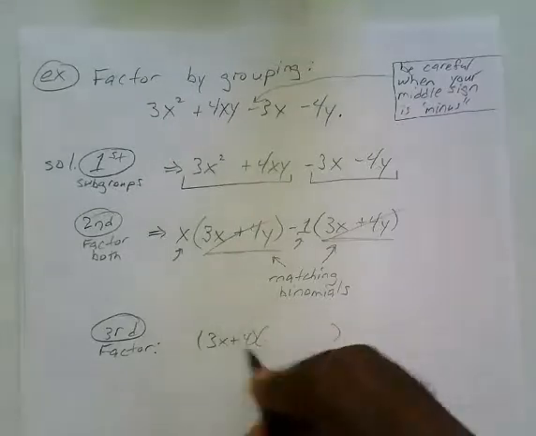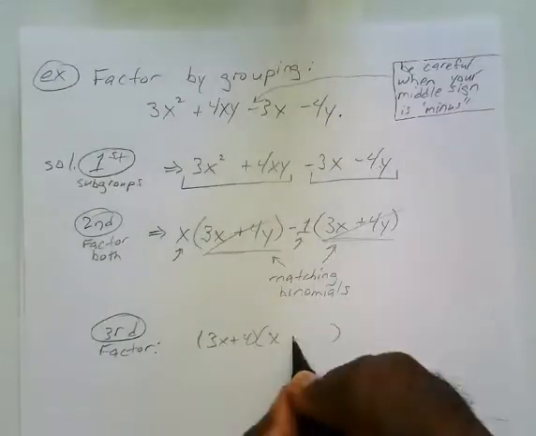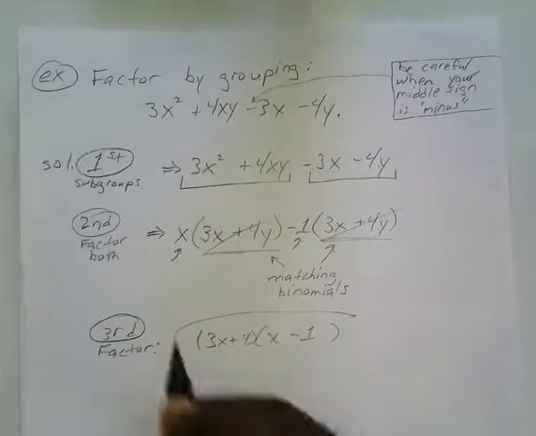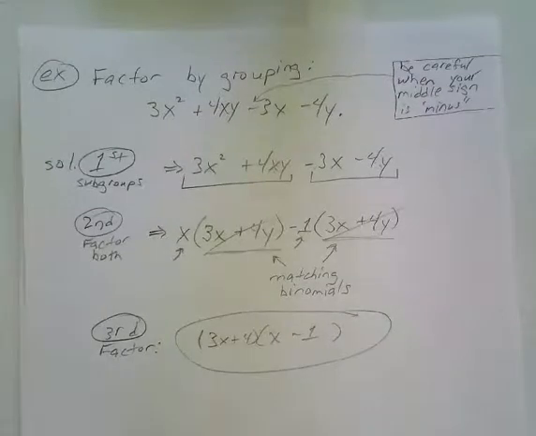So we have an x, and we have a minus 1. Okay, so that is our factor. So hopefully it's making sense so far. So let's go to our next example.